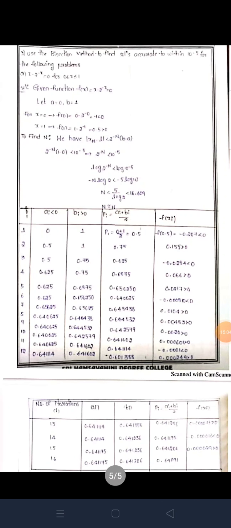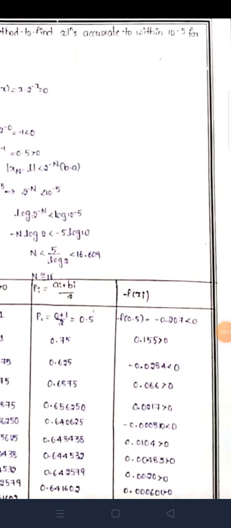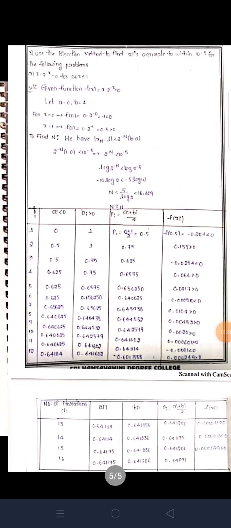Use the bisection method to find solutions accurate to within 10 power minus 5 for the following problems. x minus 2 power minus x is equal to 0 for 0 less than or equal to x less than or equal to 1.